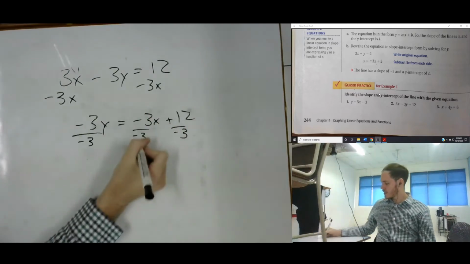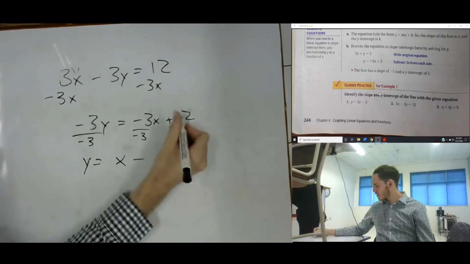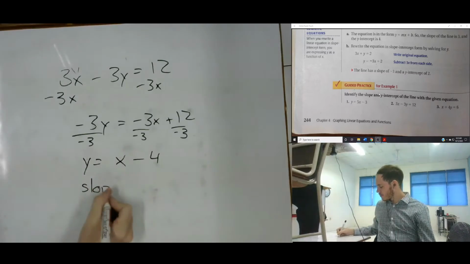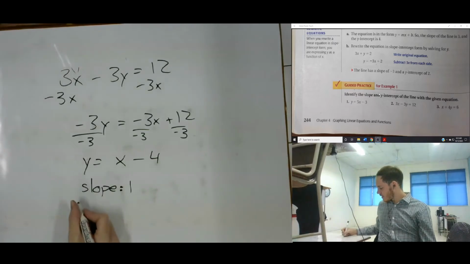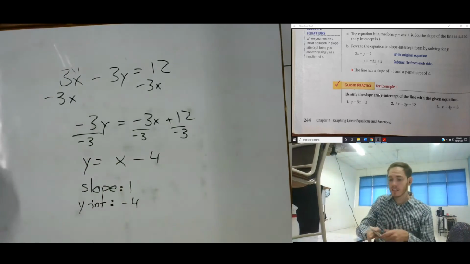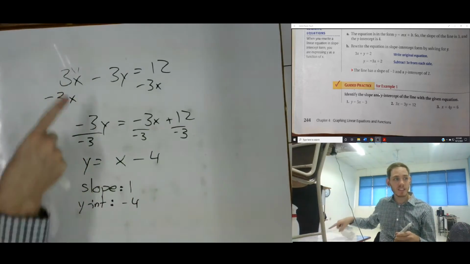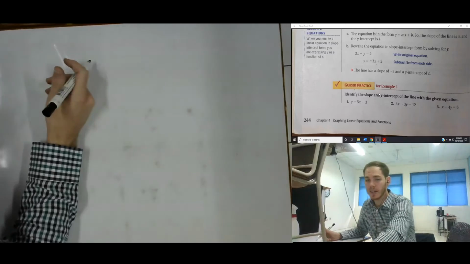The -3 will become positive, so y equals x minus 4. What's our slope? Our slope is 1, because there's always an implied 1 there. And the y-intercept is -4. So that's how you do this. Make sure you get your y by itself, and then find the slope and intercept.